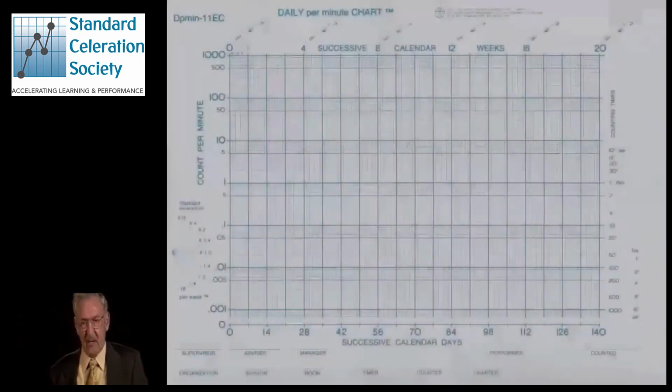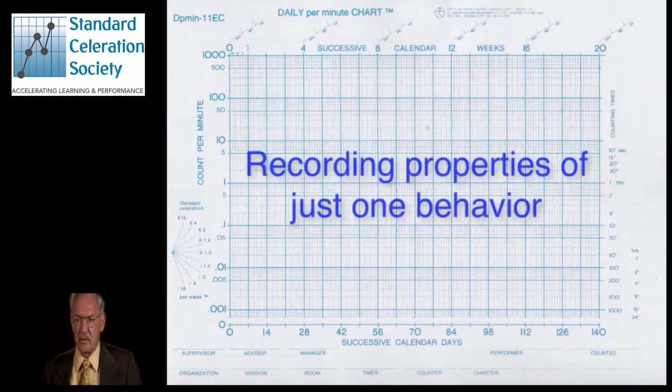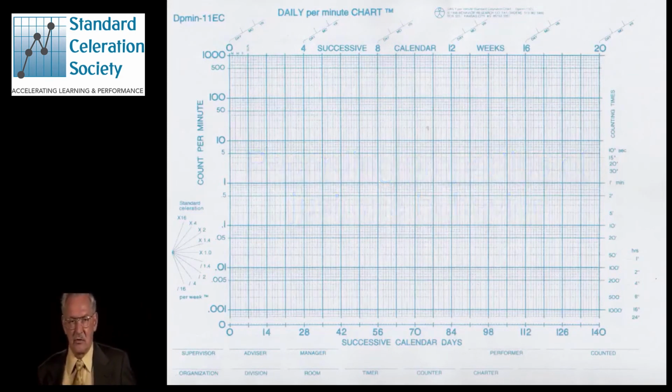Okay, let's turn now to another aspect of behavioral recording that many people find very useful, and that has to do with recording properties of just one behavior. Now, I want to proceed cautiously here because this could be confusing. What we're going to do looks like what we do when we create a floor, but we're going to do something slightly different.